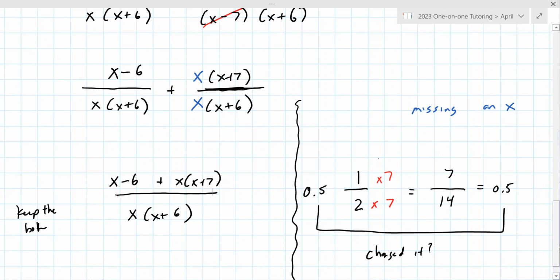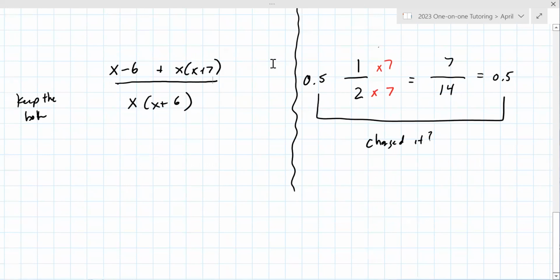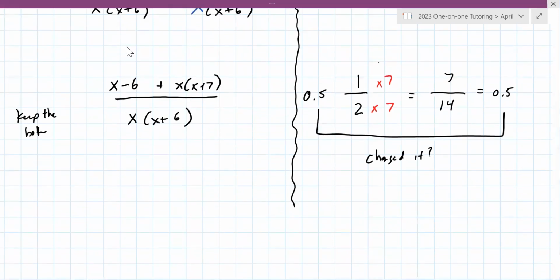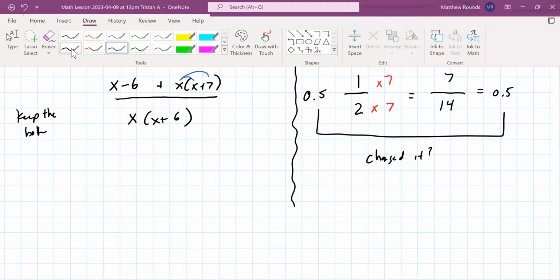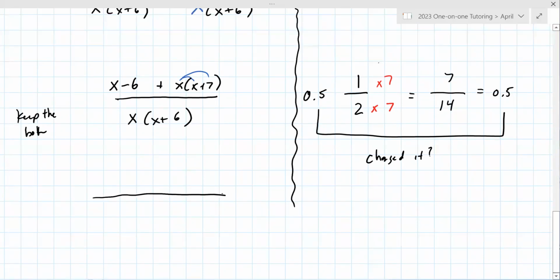Now in the numerator, we can distribute this x to both terms. X times x, x times 7. Can you tell me what that becomes? X squared, good, plus 7x. And they've got x minus 6 here, plus over x times x plus 6.